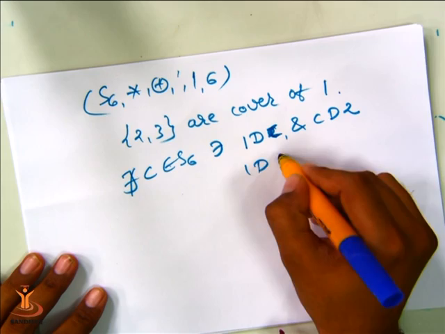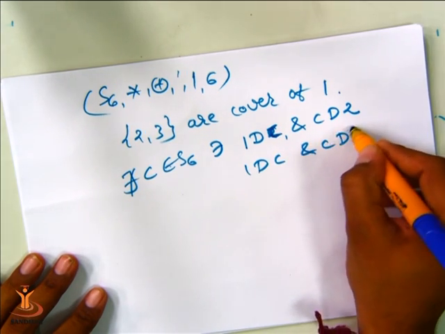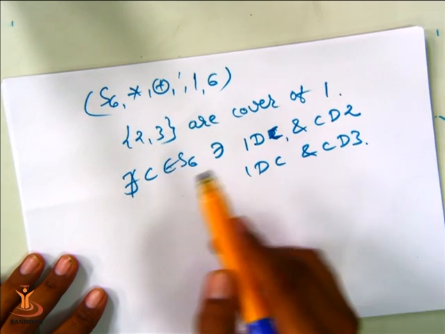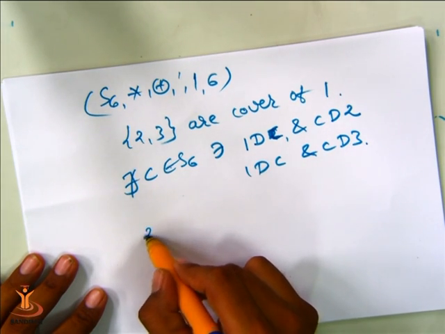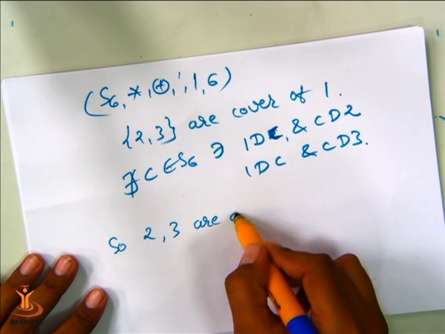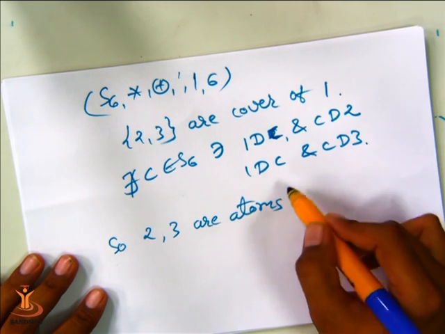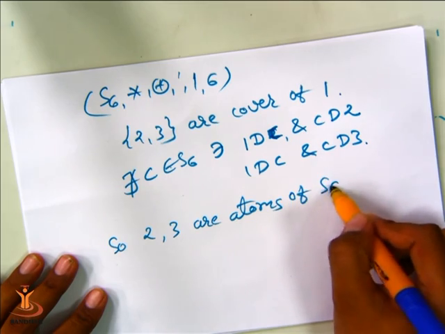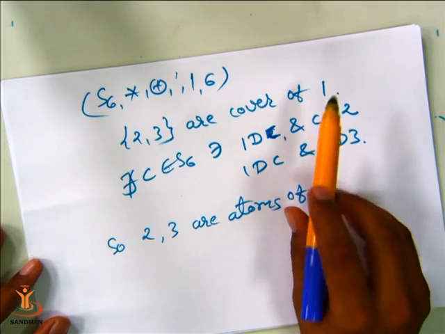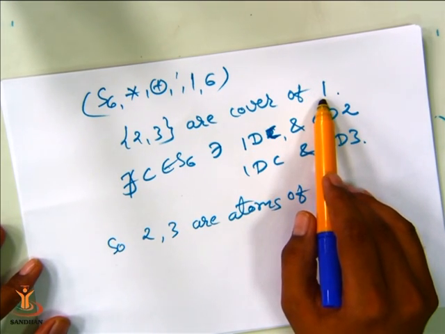Similarly, there is no C such that 1 divides C and C divides 3. Therefore 2 and 3 both are covers of 1, and so 2 and 3 are atoms of S6, because these two elements are covers of the 0 element. The 0 element is 1, right?